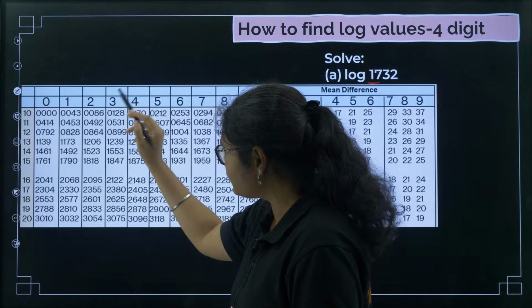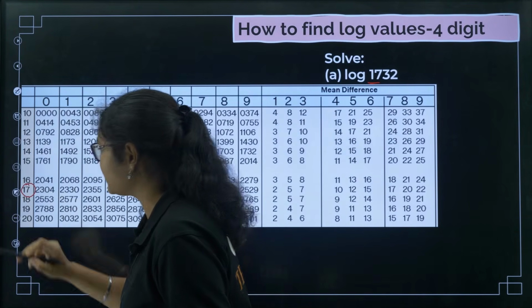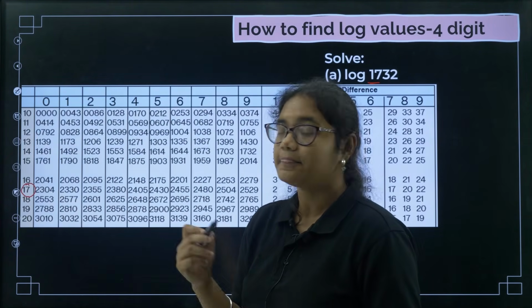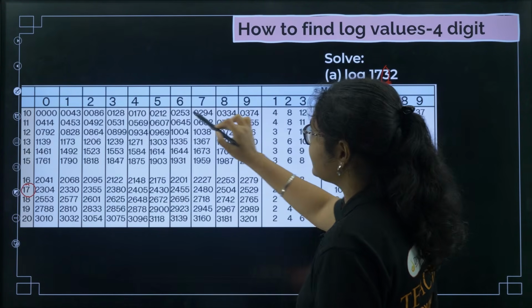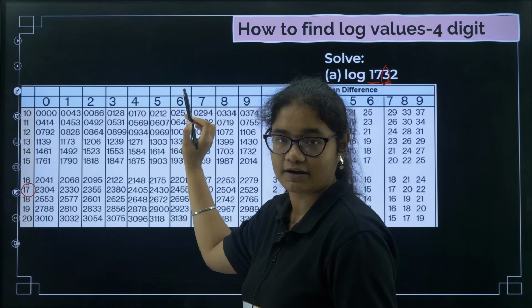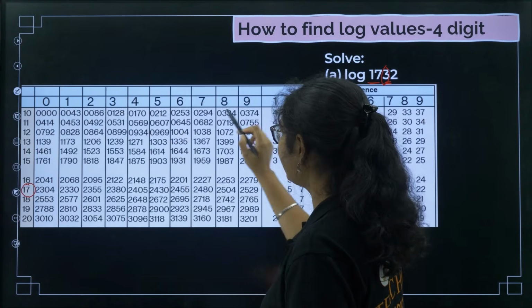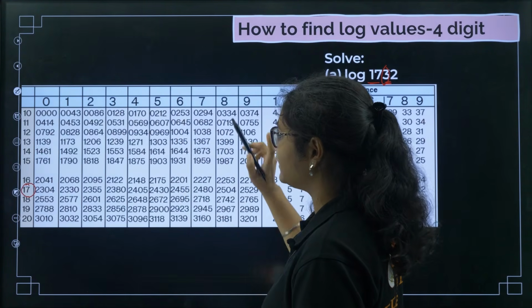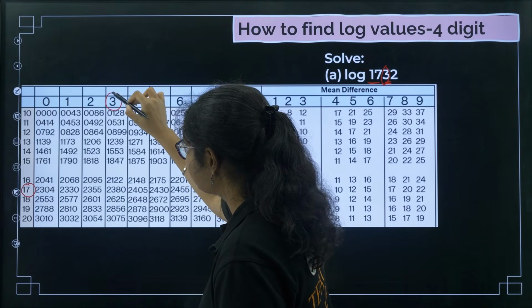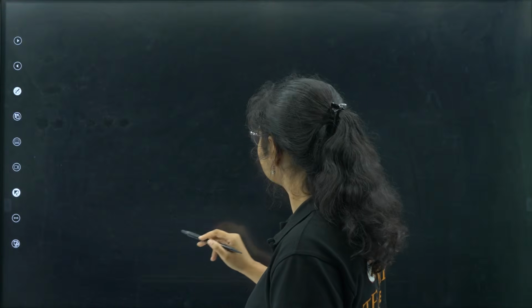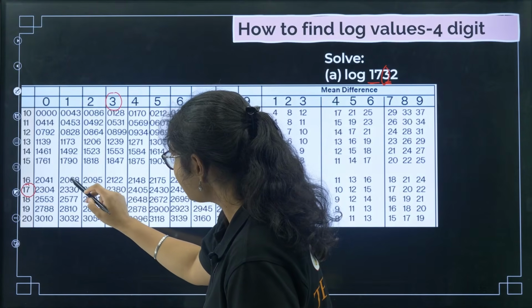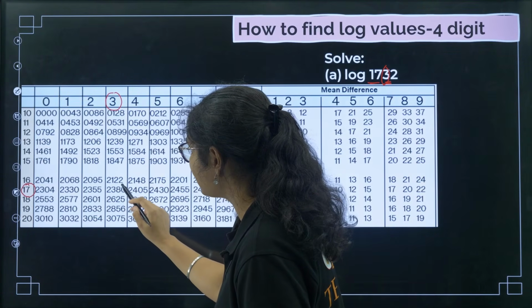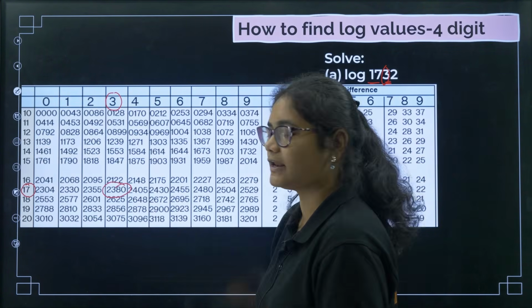So you need to check 17 in the log table. Clear? Then what is the next digit? 3. This next digit should be seen in the main difference table, and this is the mean difference. So in the difference table you need to check 3. So the 17th row and 3rd column value is required here.